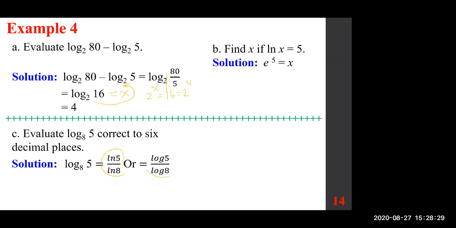These two ratios, we are not saying ln 5 equals log 5, by no means. We are saying the ratio of ln 5 to ln 8 is the same as log 5 to log 8. ln 5 is a natural log, log 5 is a common log. And we go with a bunch of decimals, you see the answer. It's very straightforward, okay, class?